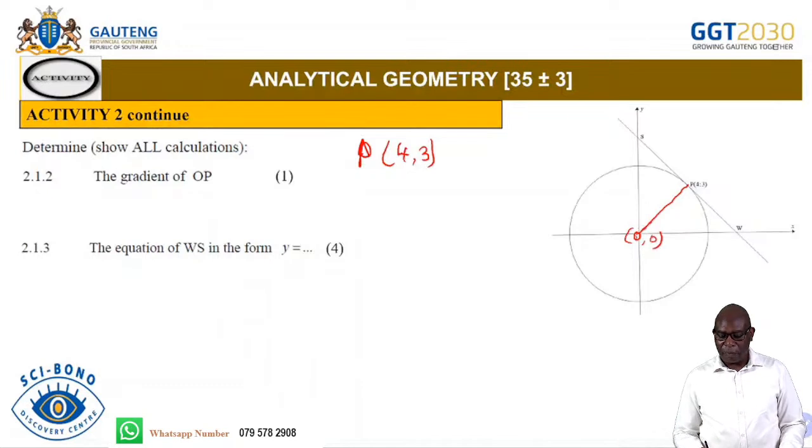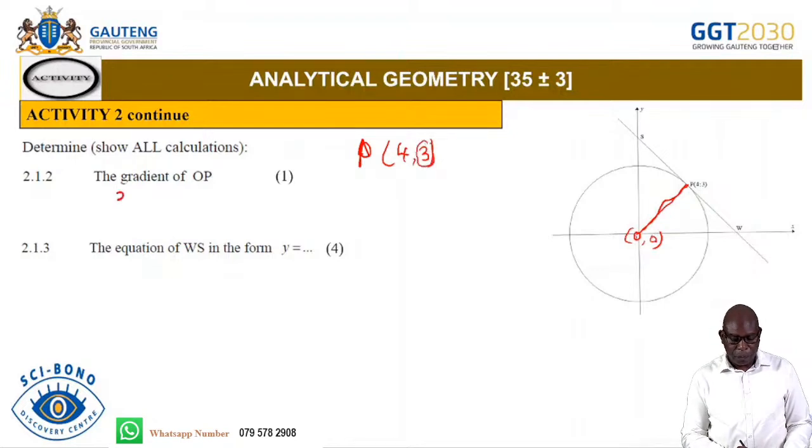Now the gradient of that line will be 0 minus 3 over 0 minus 4. So what you need to do, just to write down the gradient of OP, you're going to take the 3, put it on top, the 4, put it at the bottom, and that will be the gradient of OP.